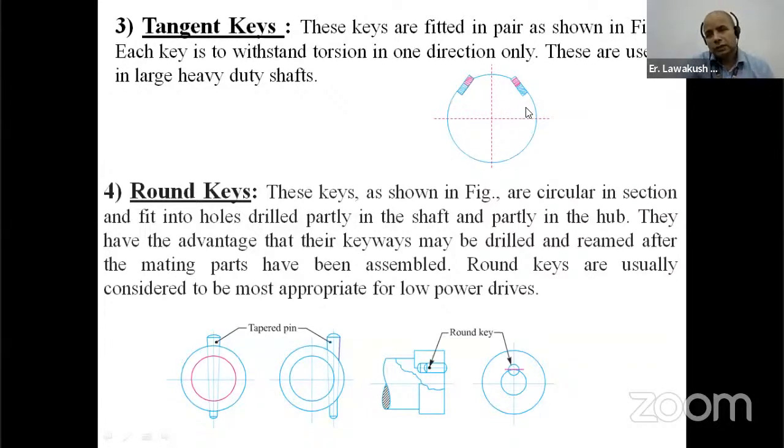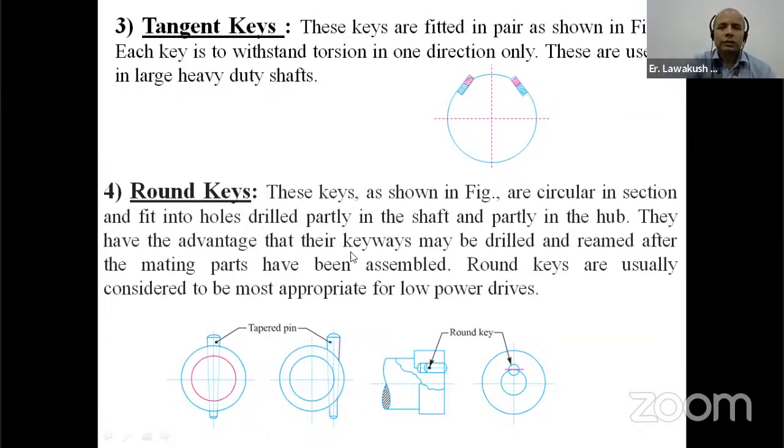This circle is showing the diameter of the shaft, and the tangent key is fitted here just at the circumference of the shaft, and it is just fitted here in the form of a tangent.